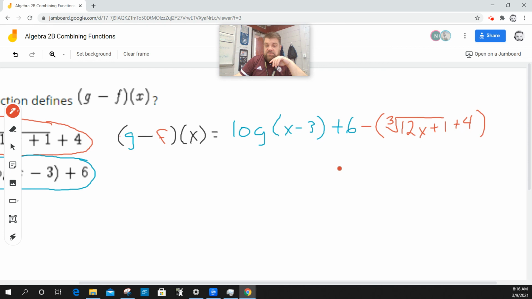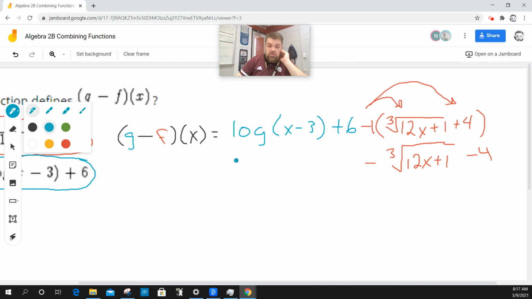Now what happens is that just makes this negative cube root of 12x plus 1 minus 4. Because I've got to distribute this negative 1 times this and a negative 1 times this. And then the rest of the function remains the same.